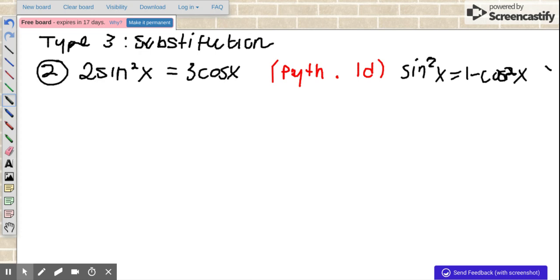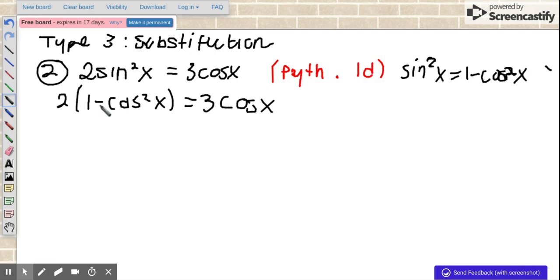All right. So because of that, I'm just going to substitute. So we're going to have 2 times 1 minus cos squared of x is equal to 3 cos x. And that's something that's already much better. Before I substitute, I'm just going to put everything on one side. Since I have a negative in front of the cos, maybe I'm going to put everything on this side.